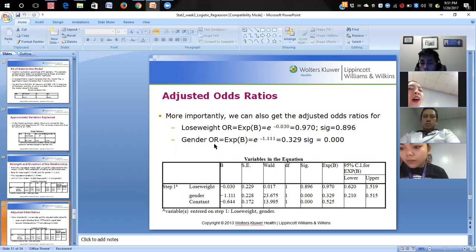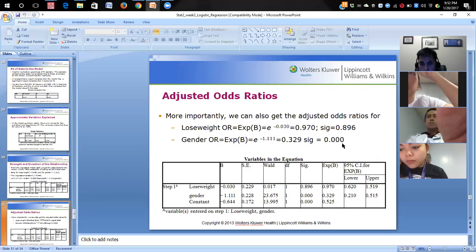For the gender, male or female, and trying to lose weight, it's not statistically significant for trying to lose weight, but it is statistically significant for the gender. It's 0.000. And this is now the SPSS output for the beta coefficient, which is the most important one because regression is always about the beta coefficient. And then here is our constant.